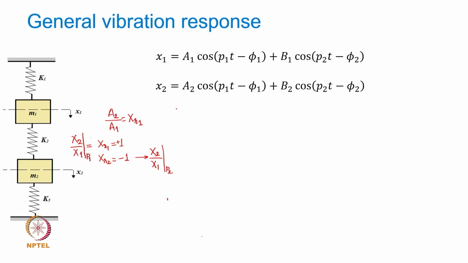So, this x2 was modified and was written as xr1, the mode shape or displacement ratio for the first mode, times A1, because you can see that this will give you the value of A2, and then cos(P1 t minus phi 1), plus xr2 B1 cos(P2 t minus phi 2).